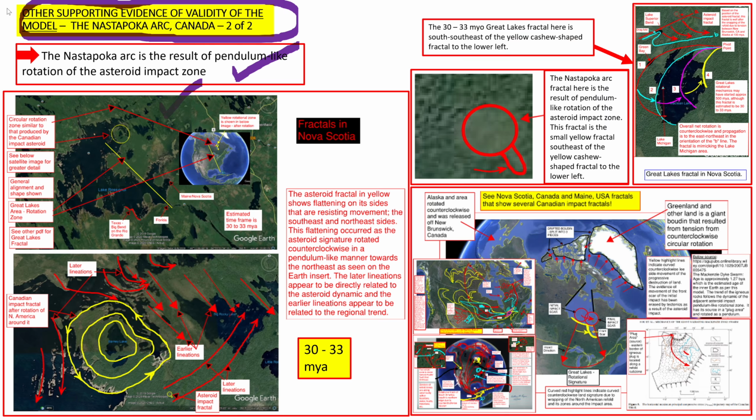So that's the phase after full counterclockwise rotation, which we have today, expressed through the Nastapoca arc. If you look at the lower left diagram, it's right here. It looks tiny there. It's in the right position because the energy has been expressed there, going in this direction. It makes sense that it's there as opposed to here, for example, or over here.